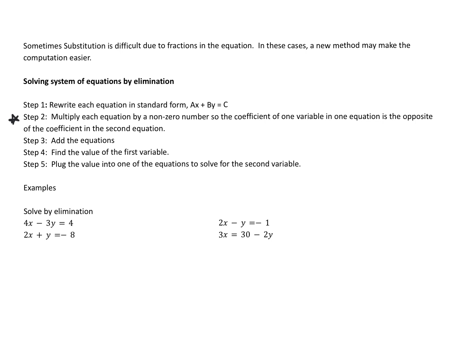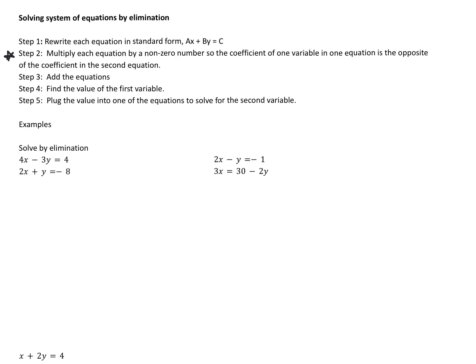So you have to have one positive and one negative, with the same number in front of that variable. Once you do step 2, you add the equations together and it eliminates that variable you chose. Solve for the variable that remains, and then plug that value into one of the original equations to solve for the second variable. The steps, especially step 2, sound a little bit confusing, so we'll talk about it using some examples.